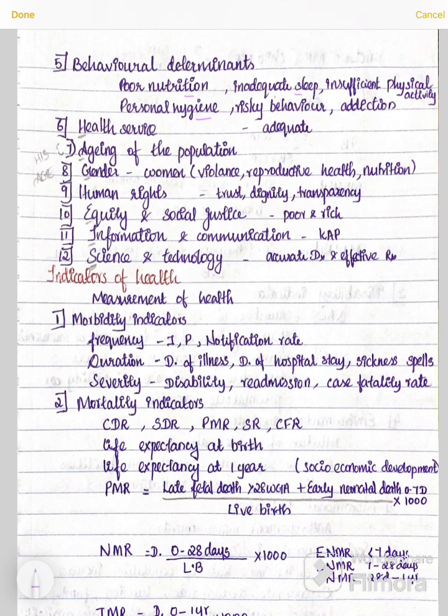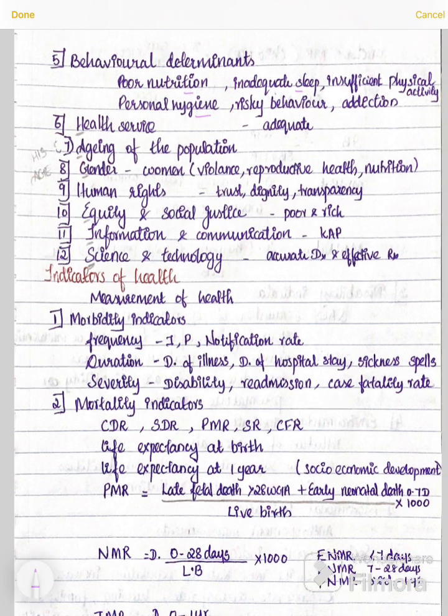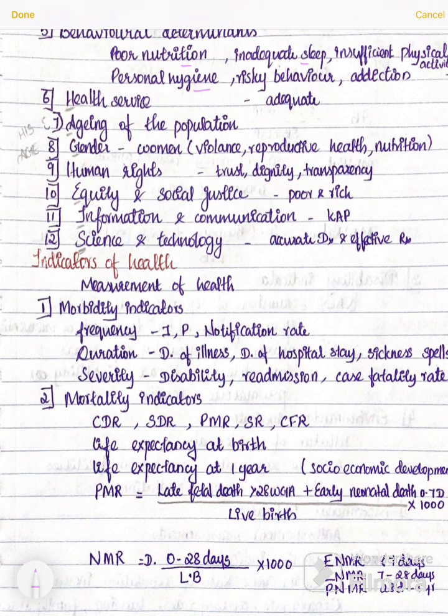Inadequate health services can lead to health problems and aging of the populations. Elders may get more diseases. And gender: women are more affected by violence and reproductive health problems and nutritional issues.